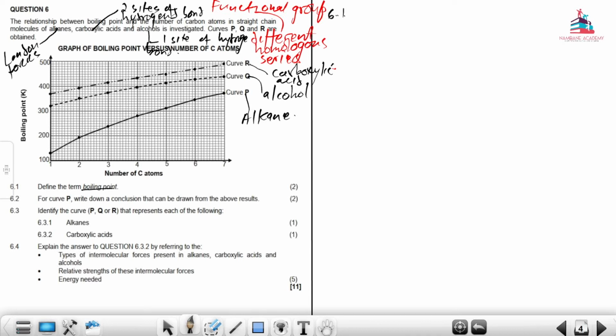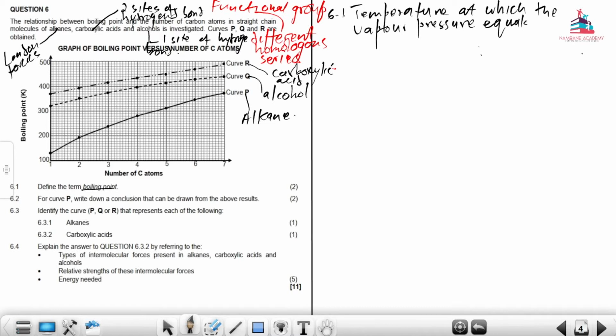So boiling point, we define it now as the temperature at which the vapor pressure equals the atmospheric pressure.